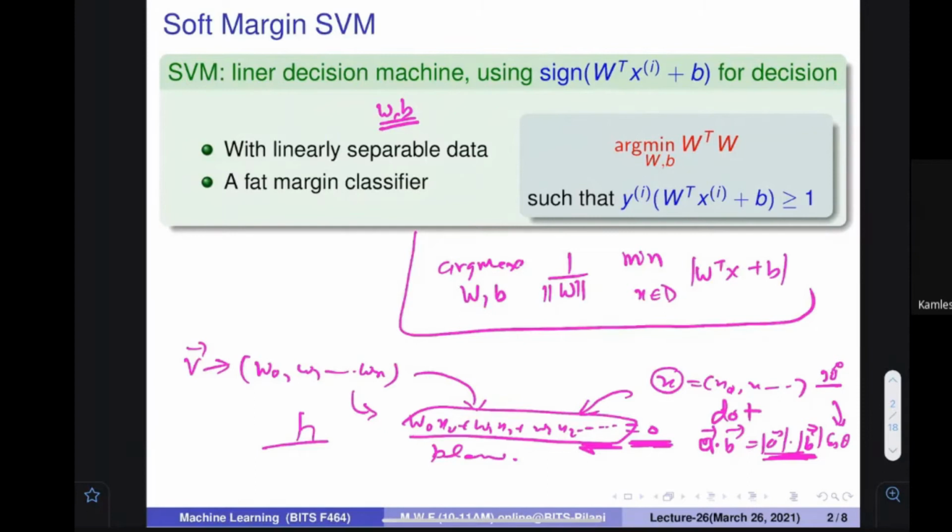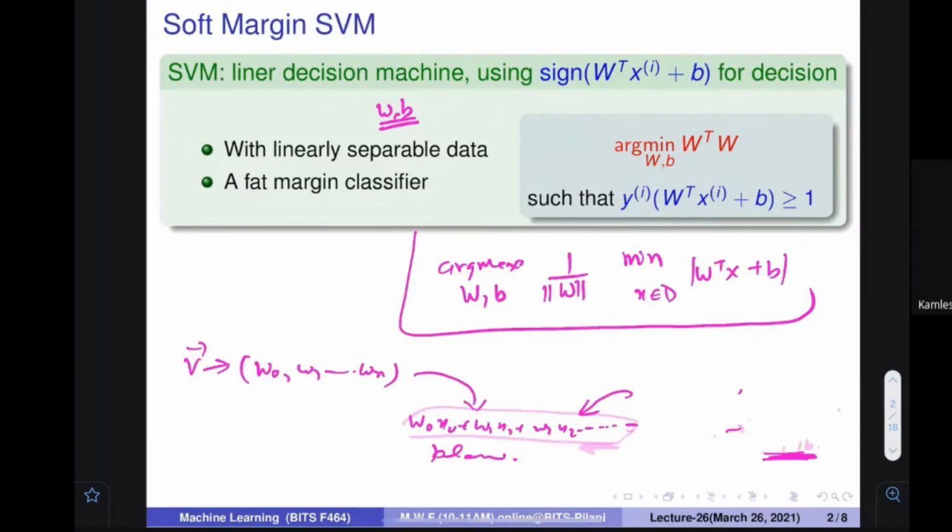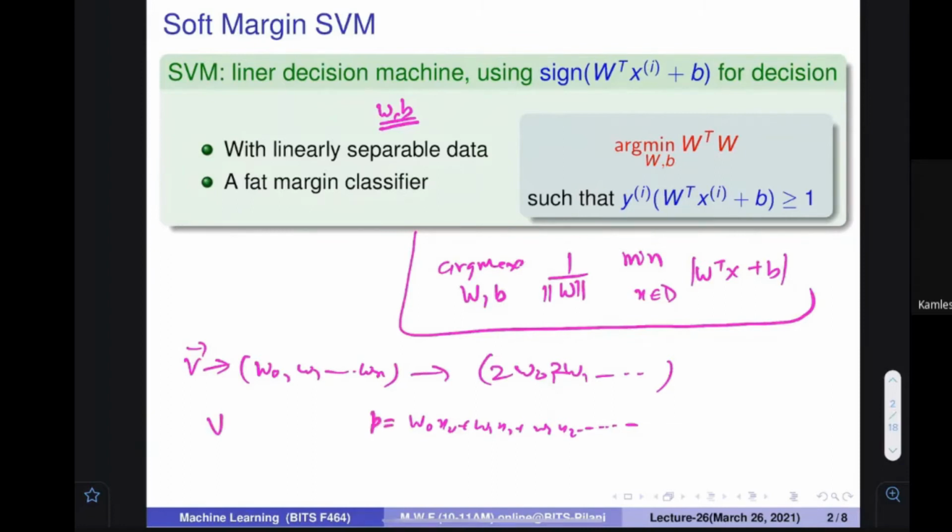Now I wanted to add one more thing to your knowledge. I think we have discussed in the last class also that if I multiply this particular vector by a constant, say 2w0, 2w1, dot dot dot, I create another vector. You know that V and P, let's assume that this is the plane, are perpendicular.